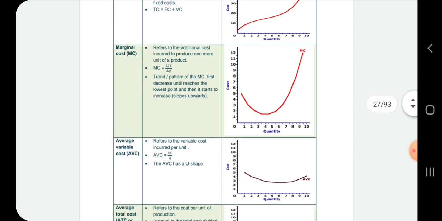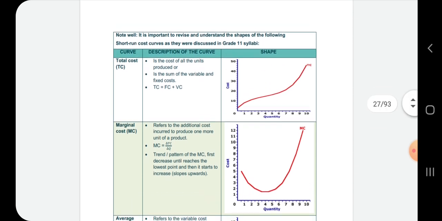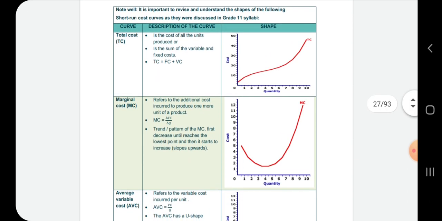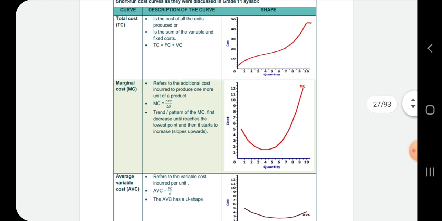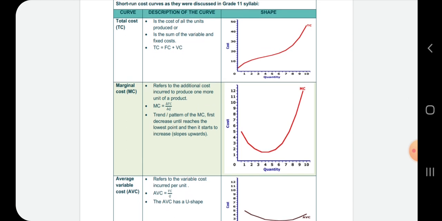Let's talk about marginal cost. It refers to the additional cost incurred to produce one more unit of a product. To calculate marginal cost, you take total cost, from the first curve that we did in this slide, and divide that by quantity, right?